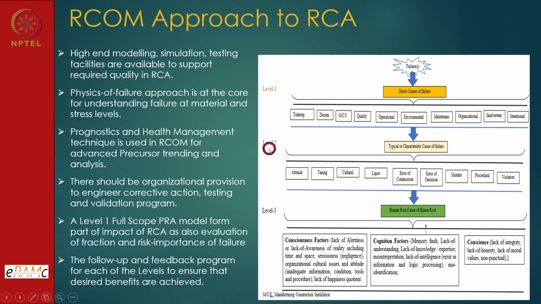Normally we come up to this level in traditional root cause analysis, but in IORM we go further down to the roots, whether it was an issue with the consciousness factor, that is alertness, awareness, including space consideration, negligence, organization culture, risk conscious culture, and attitude and all that. The cognition error: is it that the error has happened because it was going beyond the cognitive function?